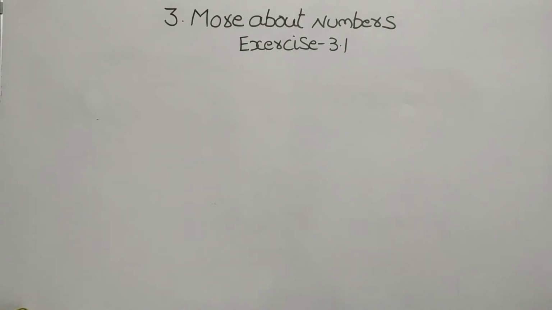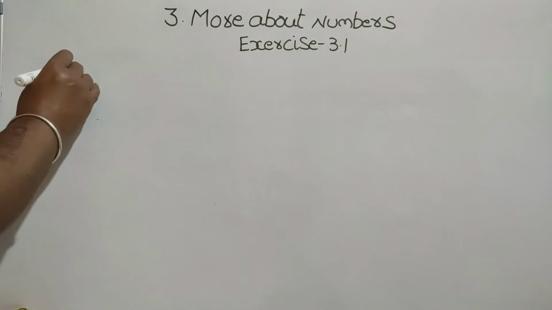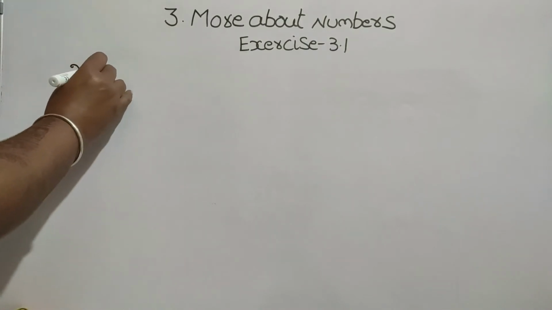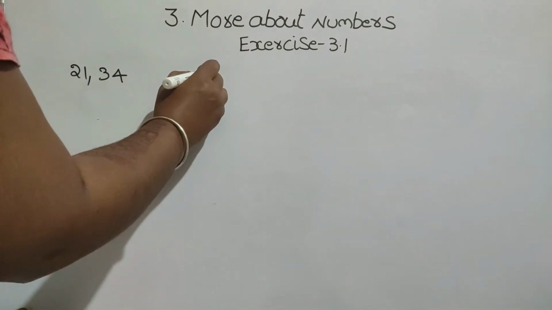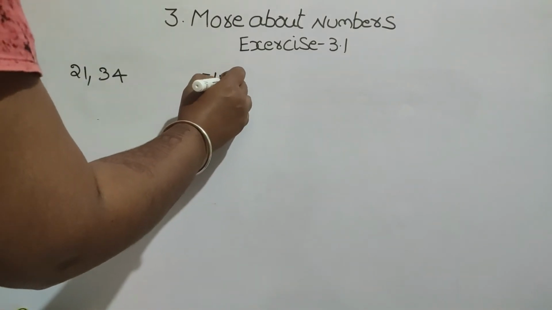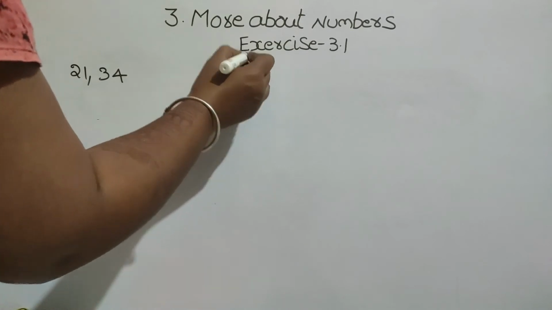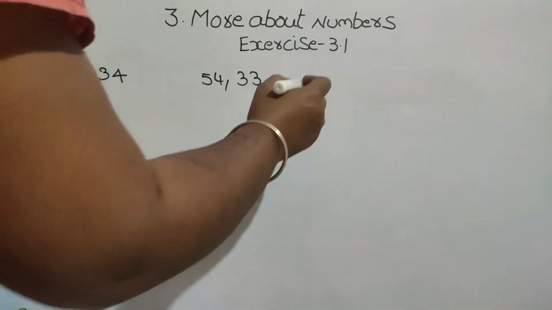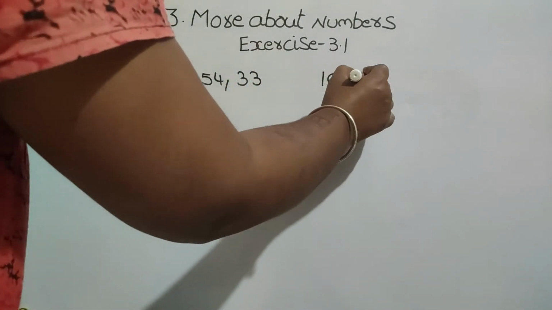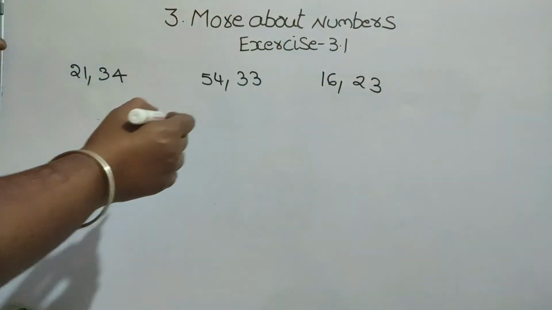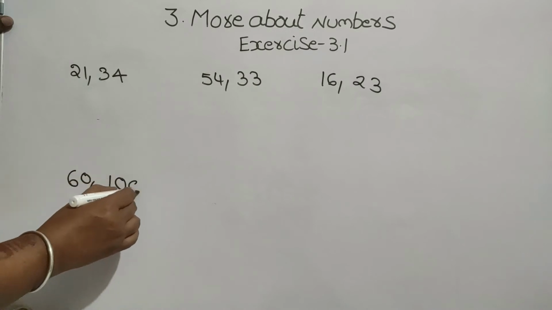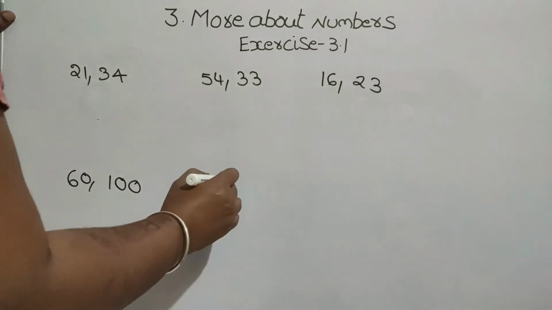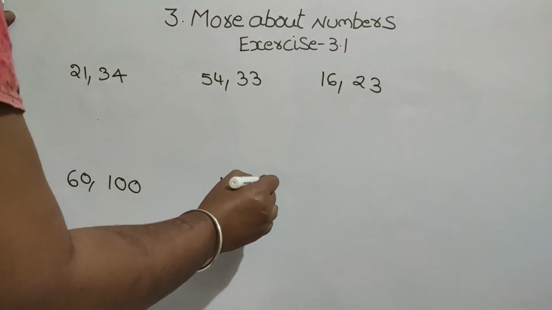So 1 should be the common. 21, 34. First question. Second one, 54, 33, 16, 23, 60, 100, 11, 89.